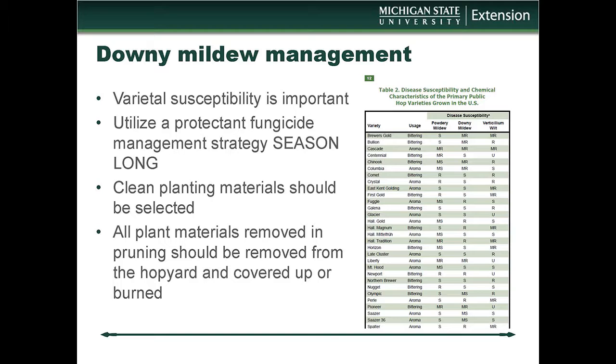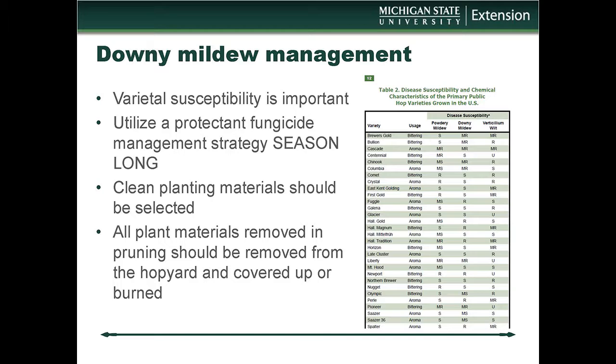Charlie Rower had a nice slide today, and he said, you need to pick your variety based on what you can be successful growing and where that overlaps with what brewers will buy from you. And those are equally important things to consider. So again, look at that disease susceptibility chart before you make your decision. We utilize a protectant fungicide strategy season long for downy mildew control.